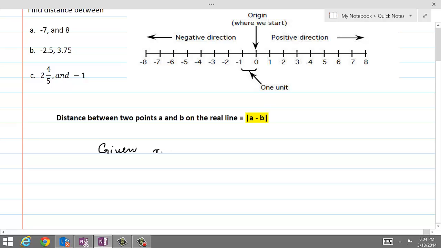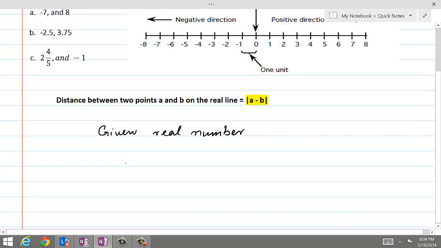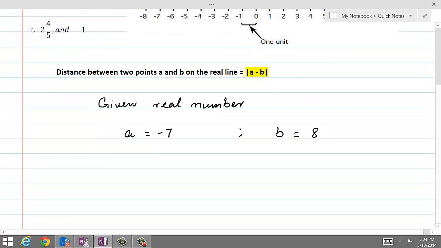So given real numbers are a is equal to -7, and b, the second number, is equal to 8. If we are to find the distance between a and b, we can simply find out their difference.